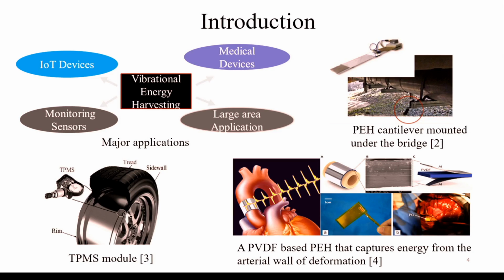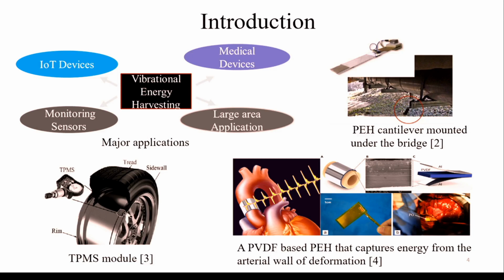So you can see that this type of energy harvesting technology has a big role to play in the coming future, and it is now in the early stage of research. It has many applications, like IoT devices. Nowadays we all know that a single IoT network has more than 20 million sensors.